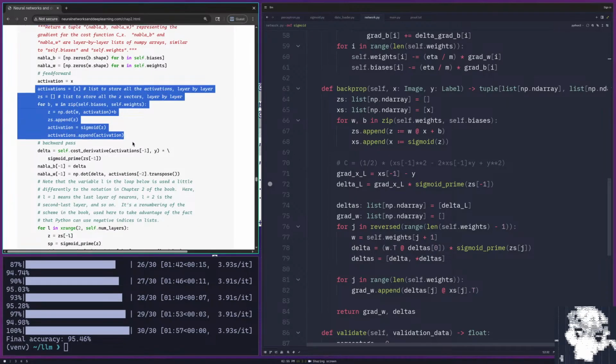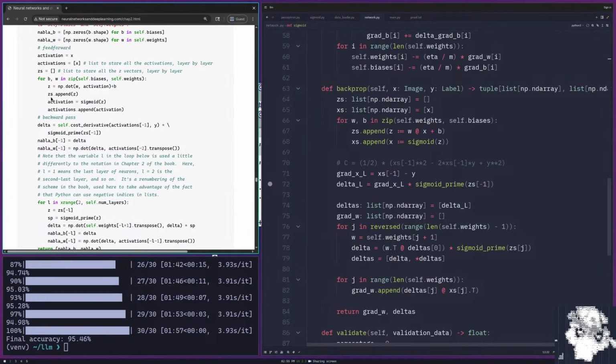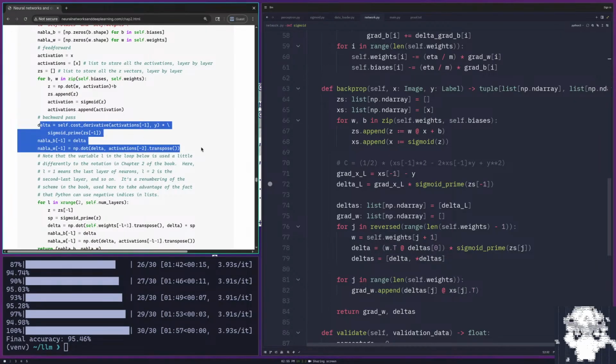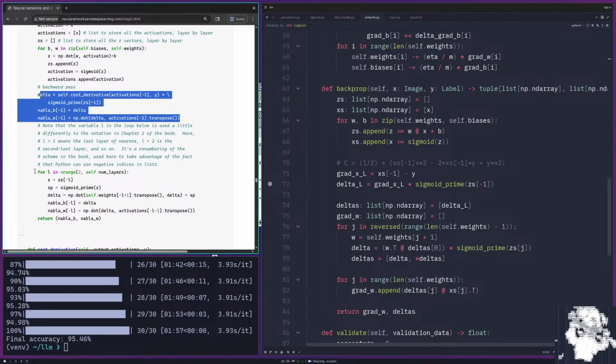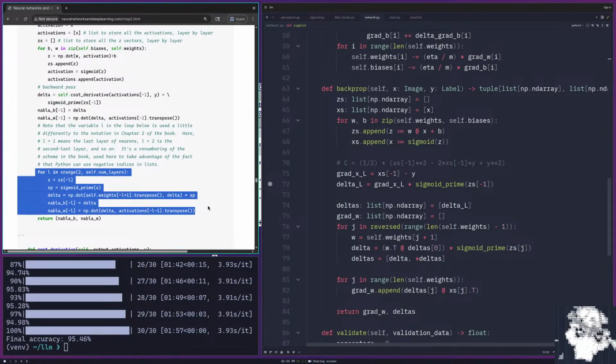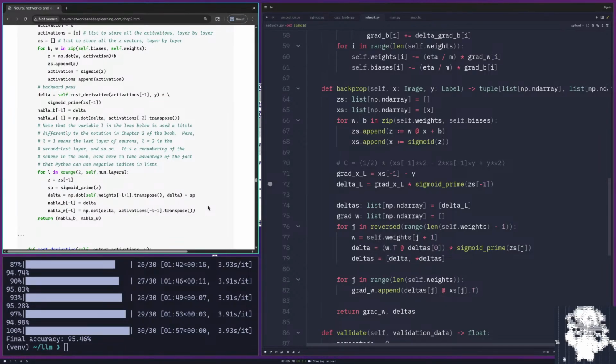Yeah, so we've already read through this. Forward pass makes perfect sense. The backwards pass makes sense. He's using the negative indices to be able to, well, he calculated the first w outside the loop, even though it's the same as the rest of the w's, so that he can do this in a single iteration, whereas I split it into 2 loops, one to find the deltas and one to find the nabla w's.